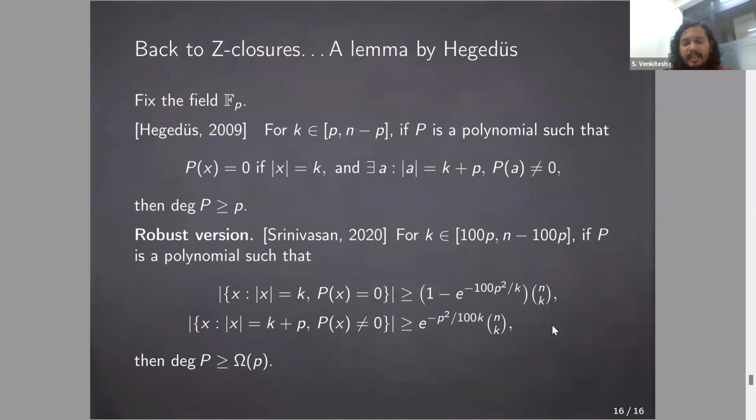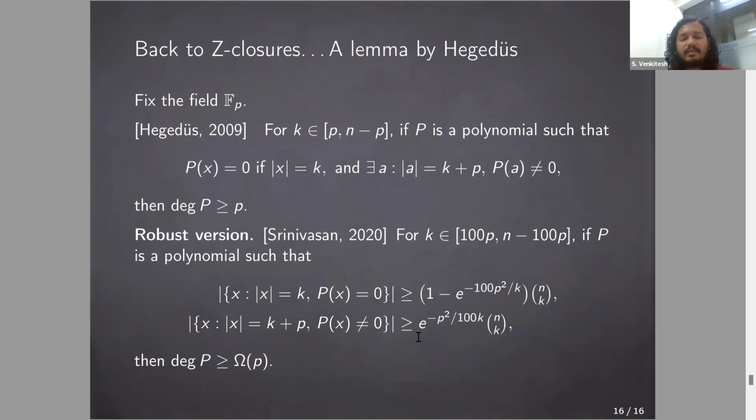The exact parameters turn out to be this. I'm not even reading them out, but it's essentially saying that if k is a weight between 100 times p and n minus 100 times p, again the constant 100 can be changed, it's not so important. For this choice of k, if capital P is a polynomial such that it vanishes on most points of the layer k and does not vanish on a tiny fraction of points on the layer k plus p, then the degree of the polynomial is at least omega of p.